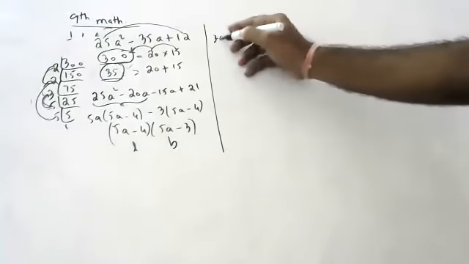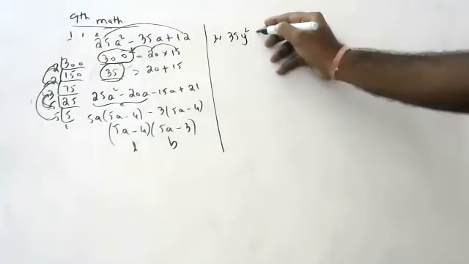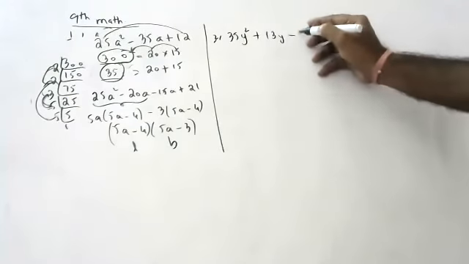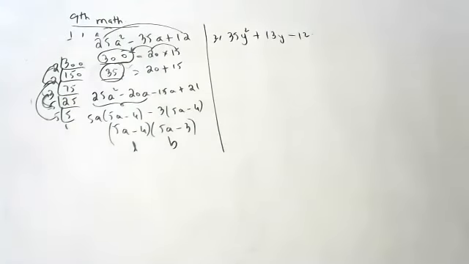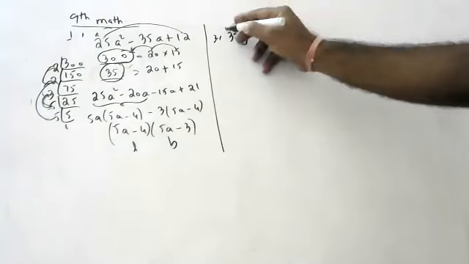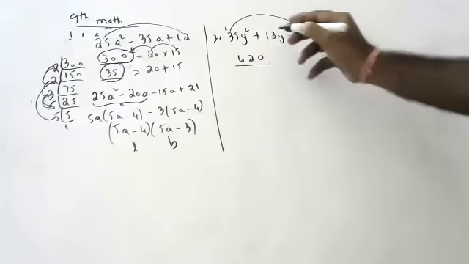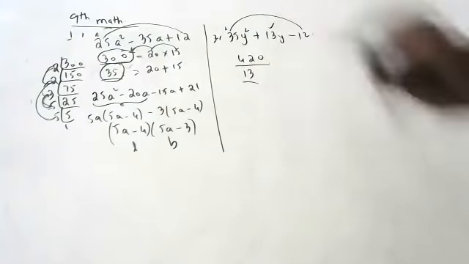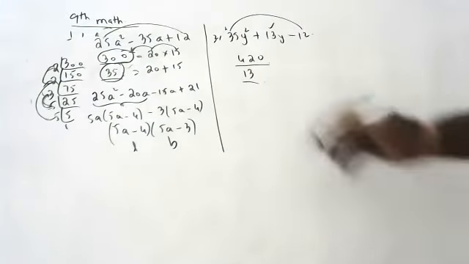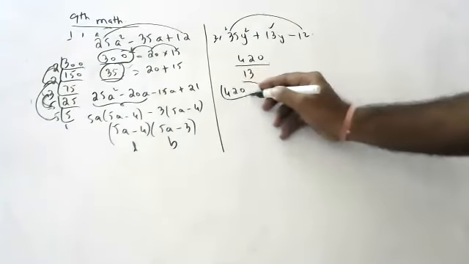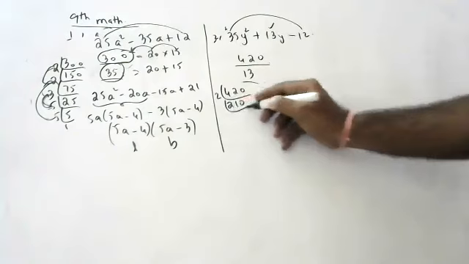Other one, 35y square plus 13y minus 12. Okay, 12 5s are 60, 12 3s are 36, 42. On multiplication 420 should come, plus or minus 13 should come. Who are the two numbers, children?